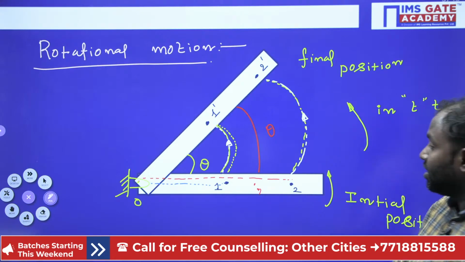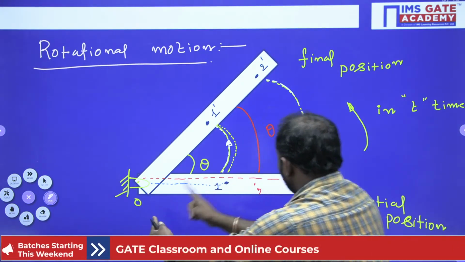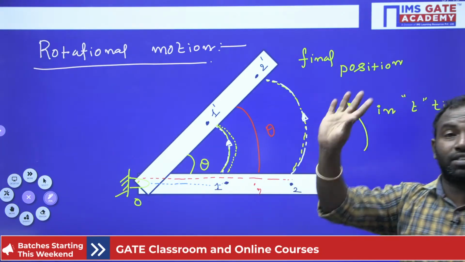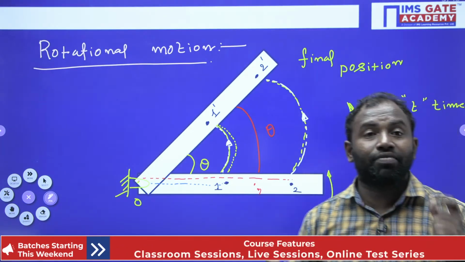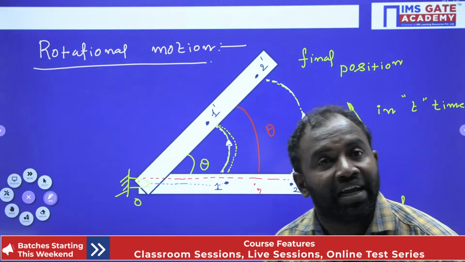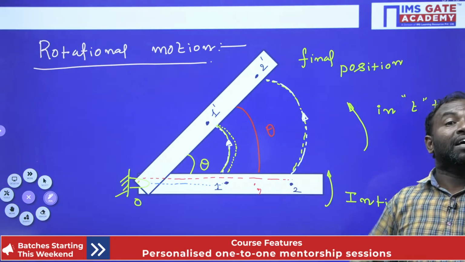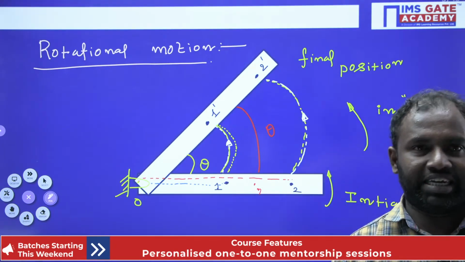Why? Because this distance is going to change. 0 to 1 is different, 0 to 2 is different, 0 to 3 is different, right? That is the reason why, when the body is in rotational motion, the angular displacement theta is the same for every particle, but the linear displacement is going to change, right?